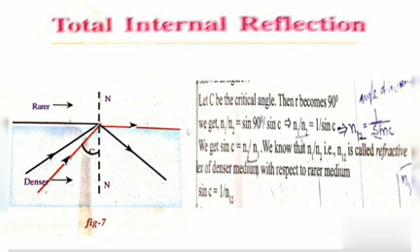The light travels through the glass slab, falls at the point O and enters the rarer medium. Measure the angle of refraction at that time. After that, send the laser light from 10 degrees and then 15 degrees and measure the angle of refraction each time. So draw the table and note the angle of incidence I and angle of refraction R values.